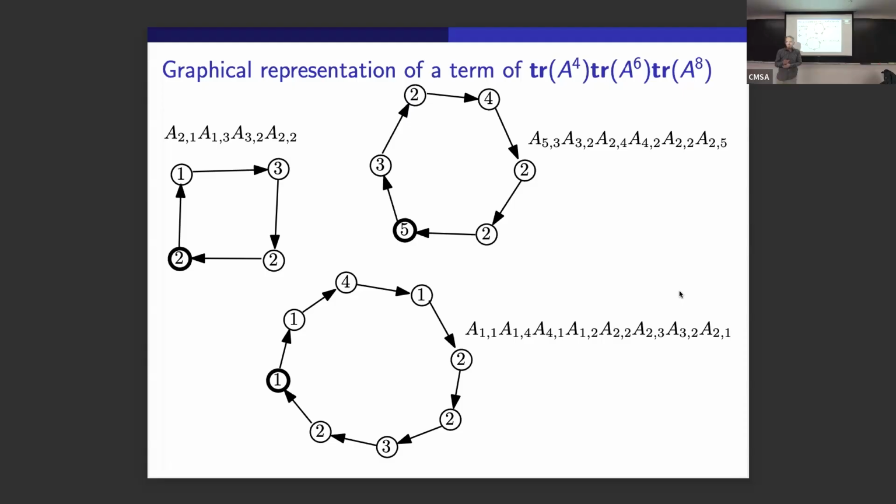Okay, but now we have to do this expected product. So how many of you here know Wick's formula? Okay, not everybody, but a much larger percentage than knew how to compute that expected trace product initially. So Wick's formula is this very simple thing. It says that you want to compute the expectation of a product of jointly Gaussian random variables.